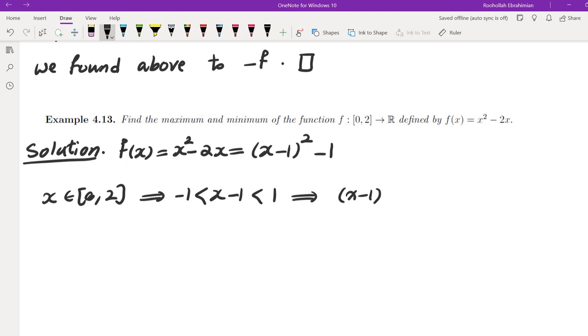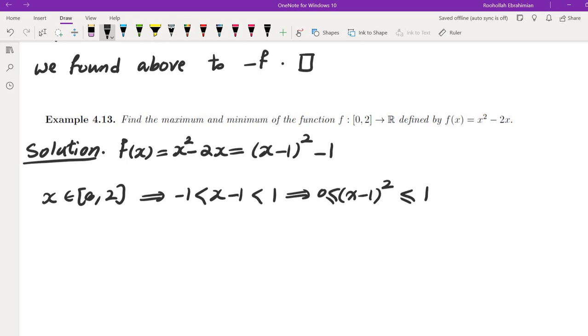x minus 1 squared is between 1 and 0. Keep in mind that I cannot square both sides of this. I have to take cases of when x is positive and when x is negative. When x minus 1 is positive, x minus 1 squared is less than 1.